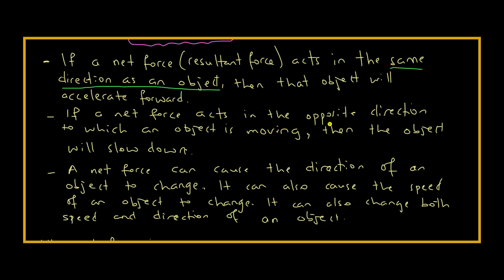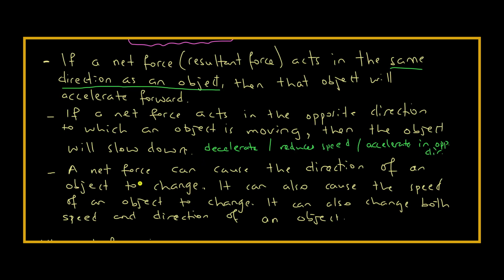But if a net force acts in the opposite direction to which an object is moving, then the object will slow down. We say it decelerates, or it reduces its speed. Or we can basically say it accelerates in the opposite direction.